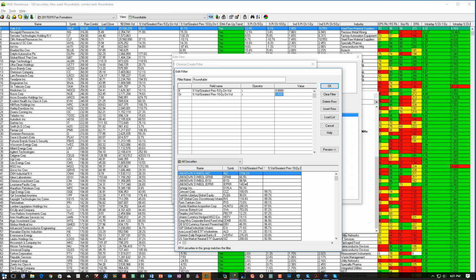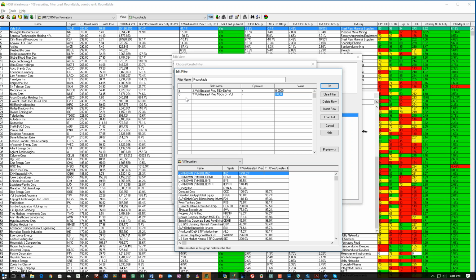Not all of them, because there's 4 over here. These must be IPOs. We have the 5-day pocket pivot, and then we don't have a 10-day pocket pivot. So this is why you use this preview.